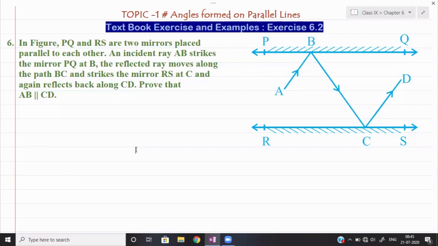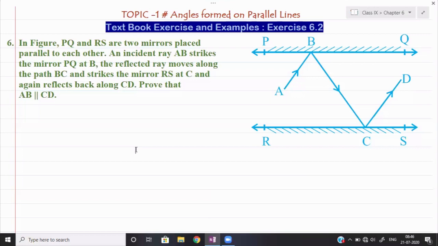Now first of all look at the requirement. If I want to prove that two lines are parallel, then I will have only three ways in class 9th. Okay, the first way is to prove that any one pair of corresponding angles is equal. The second way is any one pair of alternate interior angles is equal, and the third way is to prove that any one pair of interior angles is supplementary.